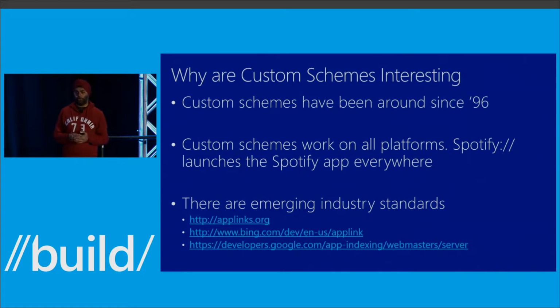Facebook has the initiative called App Links. Bing also has an initiative called, confusingly enough, App Link. Google has app indexing. And the basic idea with all of these initiatives is to take an HTTP URI, a web URI, and transform it into a custom scheme that somebody can use to launch an app on a device. So there's industry momentum behind this idea. You're going to see more and more people talk about it.